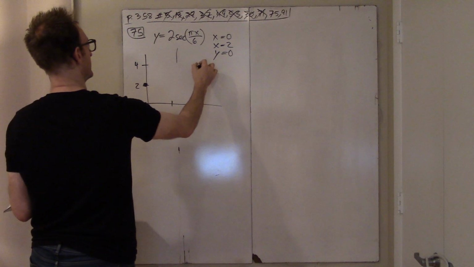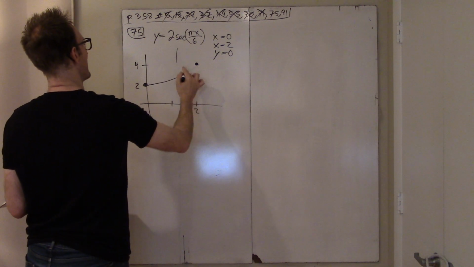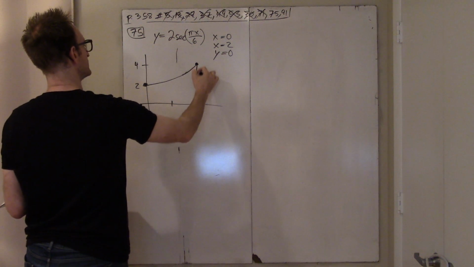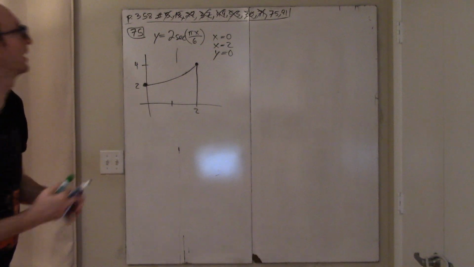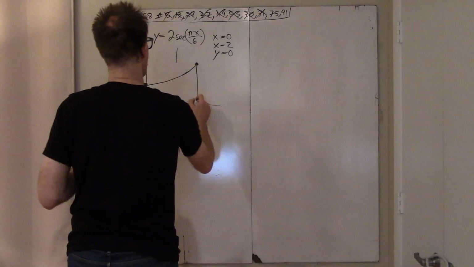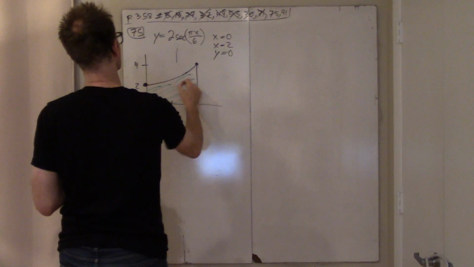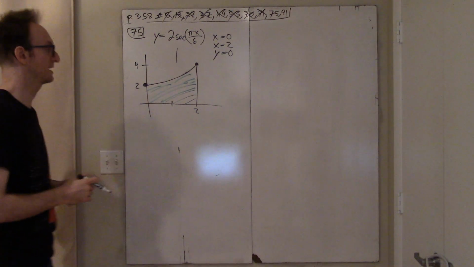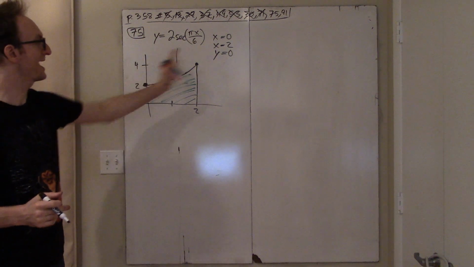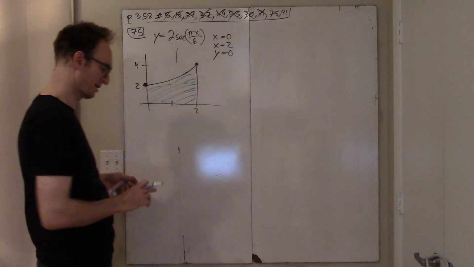Alright, so here I have just graphed by hand what I know the secant function to look like, and they want me to find the area enclosed by this secant curve, and x equals 0, x equals 2, and y equals 0. So they really just want me to find the area of this curve.